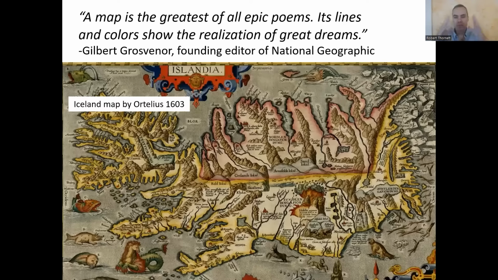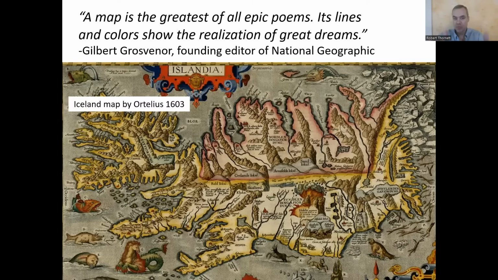The founding editor of National Geographic, Gilbert Grosvenor, has a famous quote: "A map is the greatest of all epic poems. Its lines and colors show the realization of great dreams." When you look at this map here by a famous Flemish cartographer named Ortelius from 1603, you can see the information that he took in from people who went to Iceland and then came back to mainland Europe and told them what was up there.